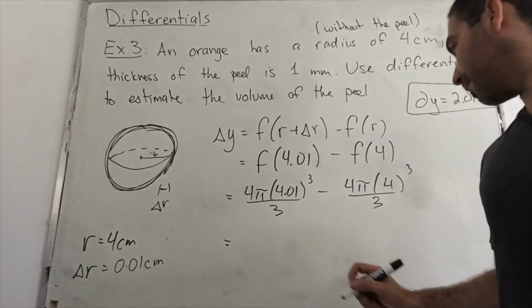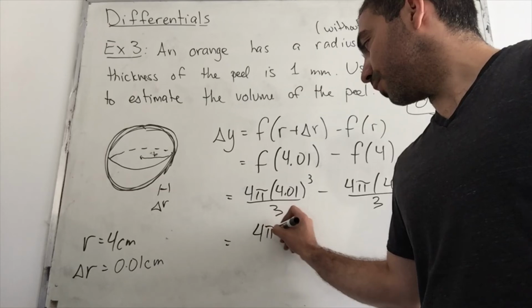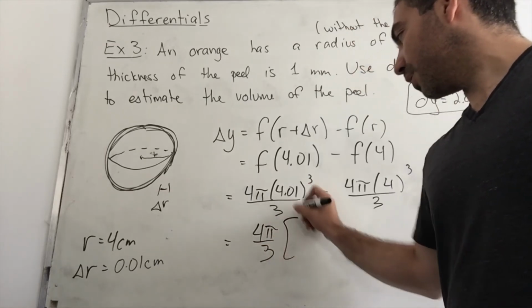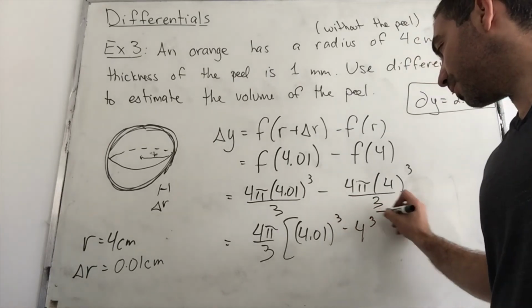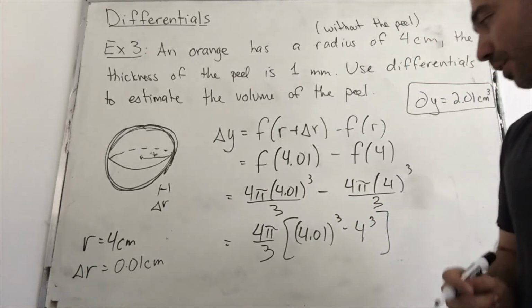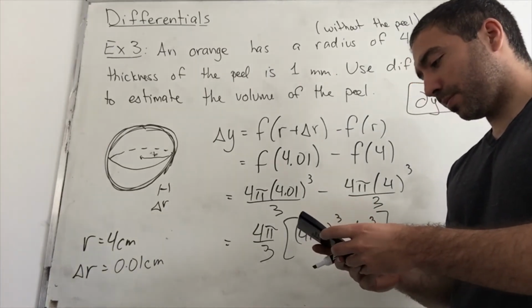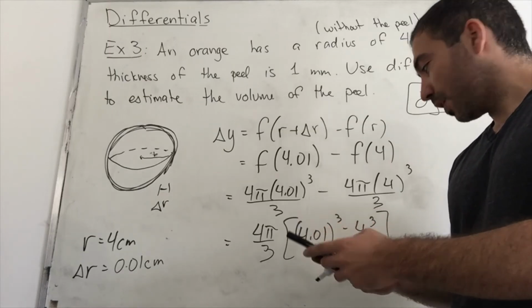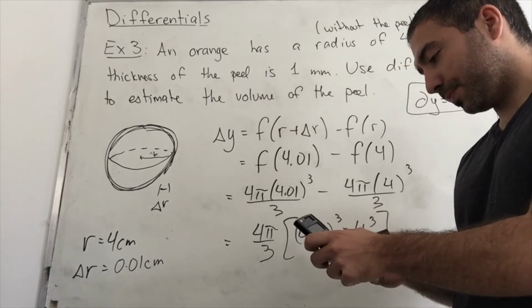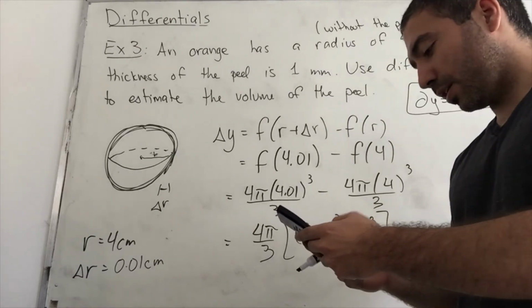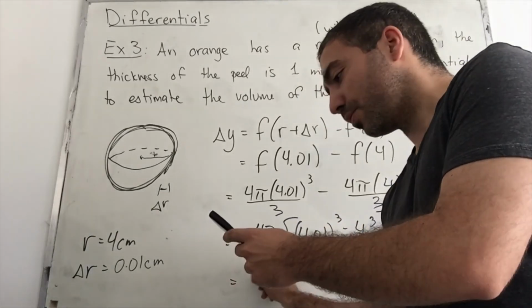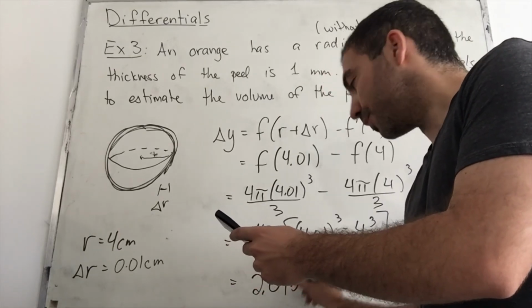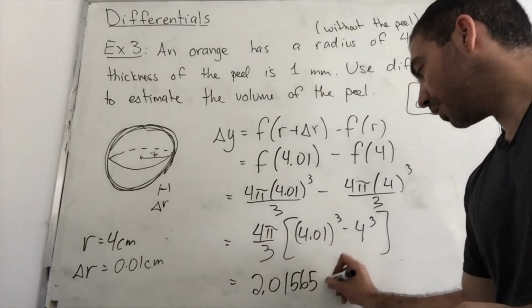I'm just going to factor out the 4 pi over 3, leaving us with 4.01 cubed minus 4 cubed. Okay, let me use a calculator. So 4.01 cubed minus 4 cubed, and then times 4 times pi divided by 3. Let me do everything in one shot. It gives me about 2.01565, and so on, centimeters cubed.